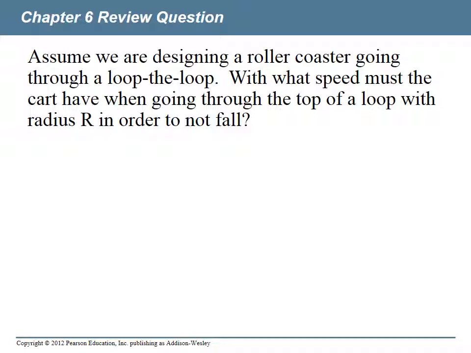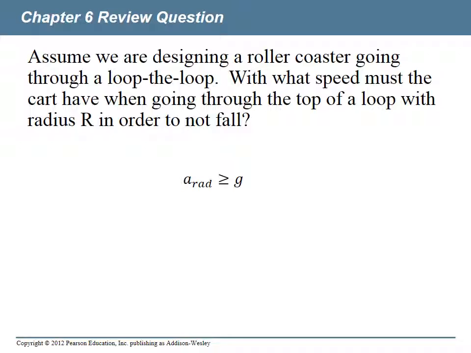In order for it to not fall, there must be a normal force, right? So we need to say that the normal force cannot be equal to 0, okay? And then you'll have a weight in there, you'll have a normal force, and you'll have some acceleration, right?